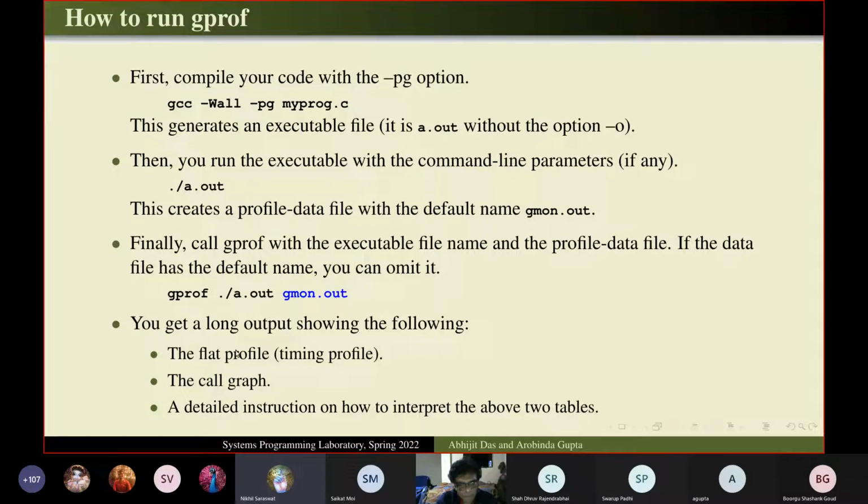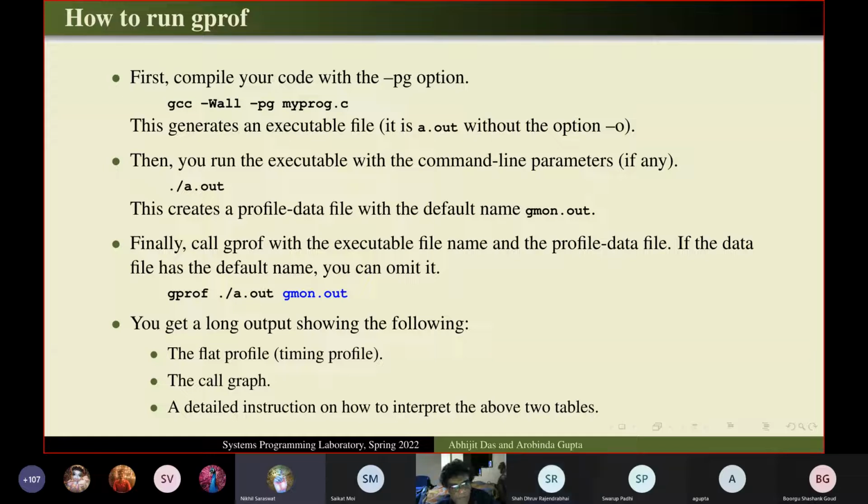So it will generate a table here, generate another table here, and it will also give a detailed instruction. In any case, I will also tell about these instructions, even though every run of gprof will give you this instruction.